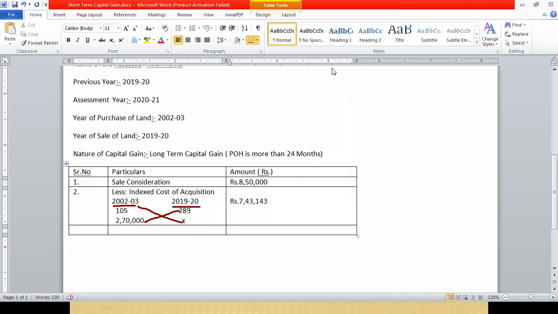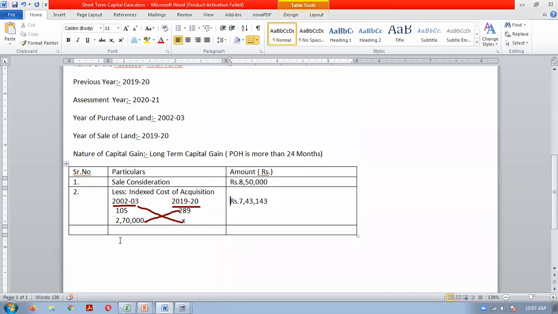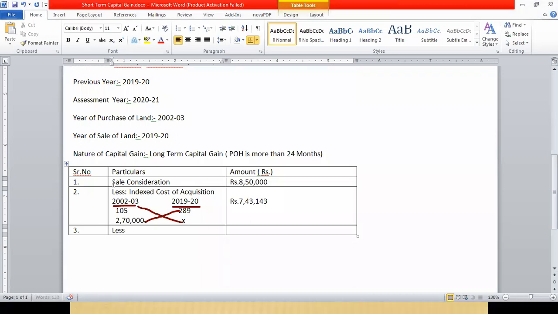142.86 means we can round off. No? 143 we can do. So 7,43,142.86 we can round off to 7,43,143. Correct? Then one more cost is there, which is brokerage cost, that we will reduce directly. For that, indexation will not be applied.